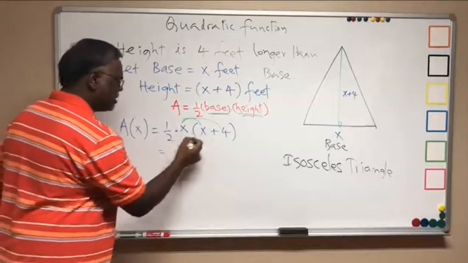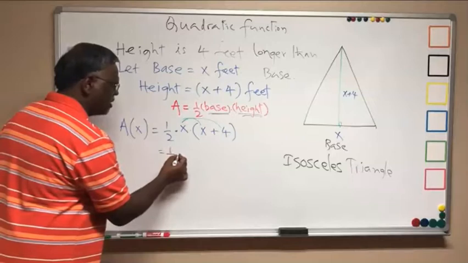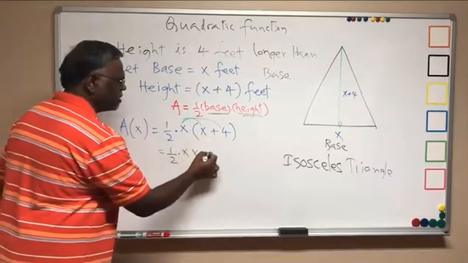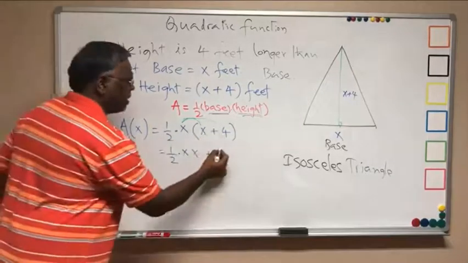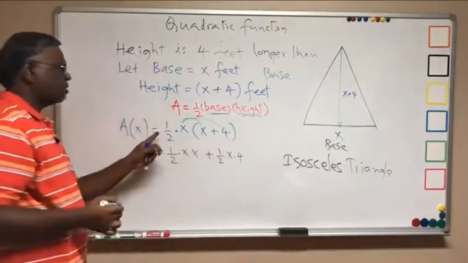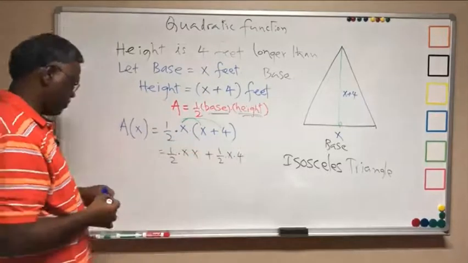Now half x times x, I can write it as half x squared, or for your convenience, half times x times x. There is a plus, so I'll write plus, again half times x times 4. This is how I distributed: half x is distributed with x and also with 4.